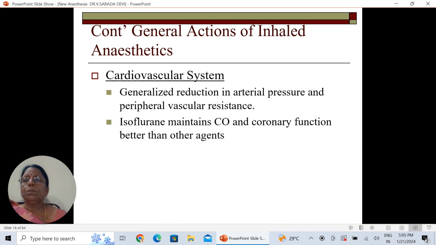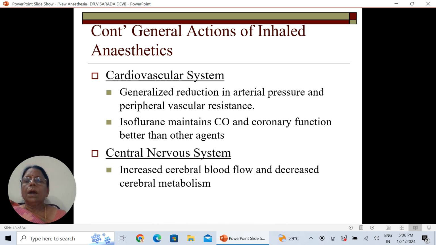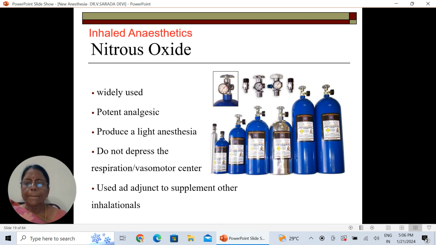Cardiovascular system: there is a generalized reduction in arterial pressure and peripheral vascular resistance. Isoflurane maintains cardiac output and coronary function better than other agents. Central nervous system: increased cerebral blood flow and decreased cerebral metabolism.